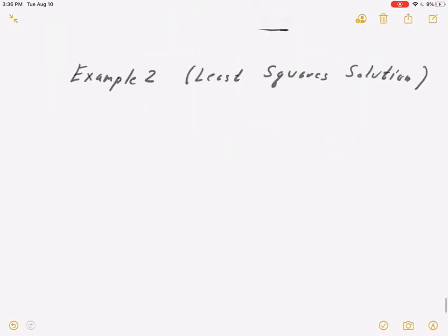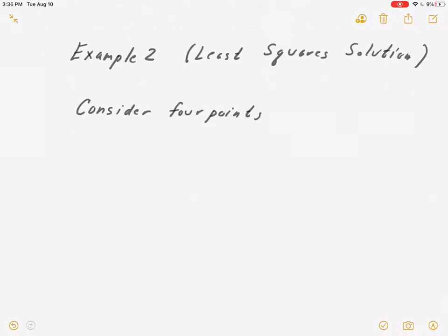So here, I want to consider 4 data points, well, really 4 points. What makes them data points is a particular application. So everything we're going to do now is independent of an application. So it makes it more powerful. It's general.